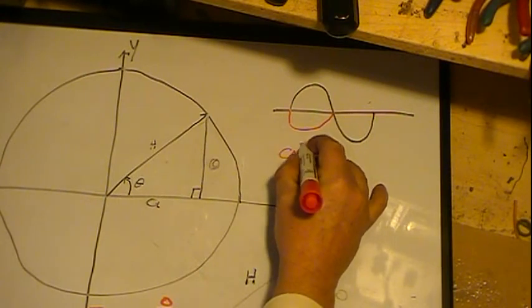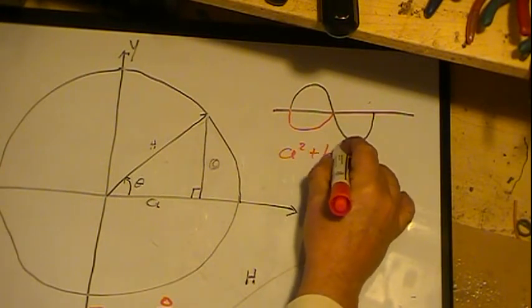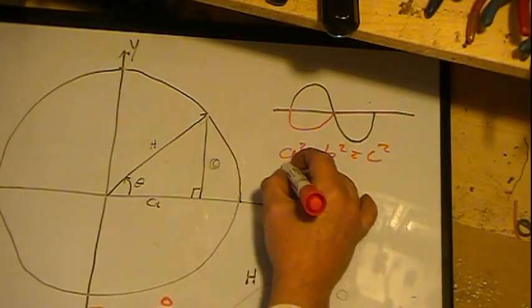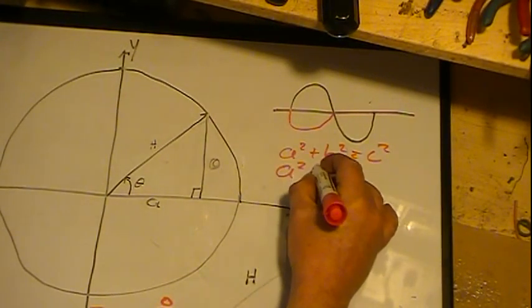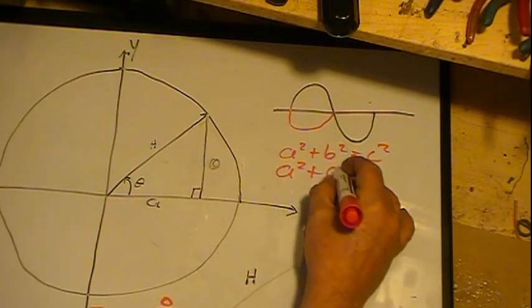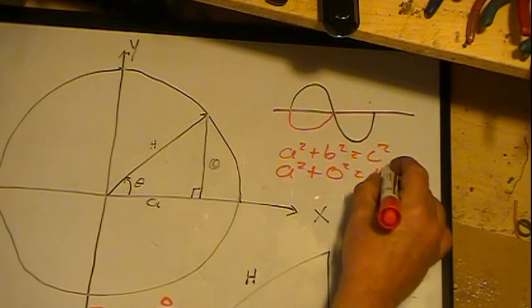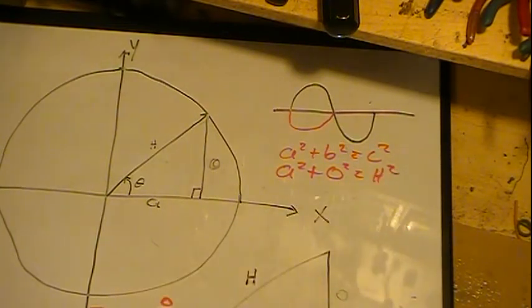Those lengths follow from the standard thing about triangles that everybody's learned: a squared plus b squared equals c squared, which can also be thought of as the adjacent side squared plus the opposite side squared equals the hypotenuse squared, which I need to start writing more accurately, with a small h.